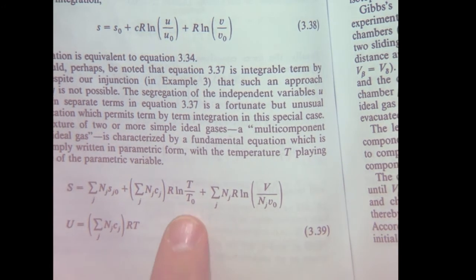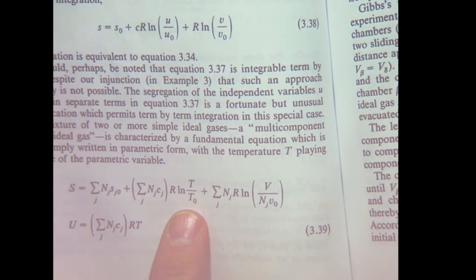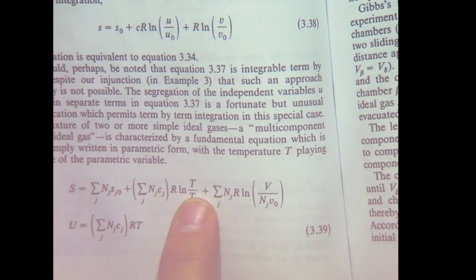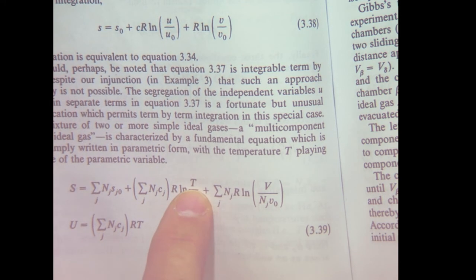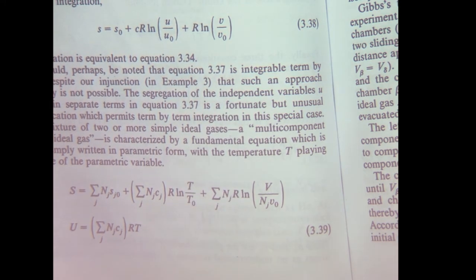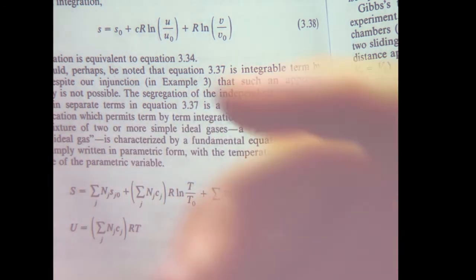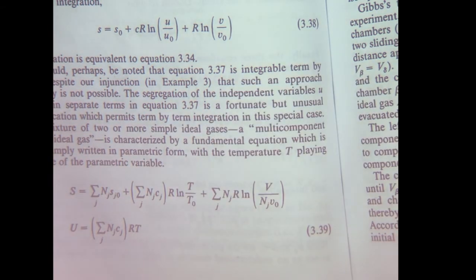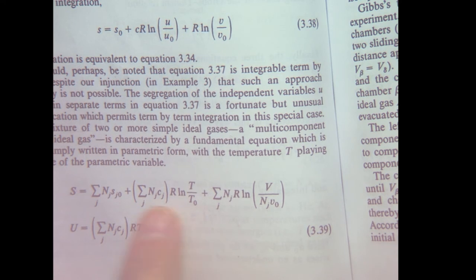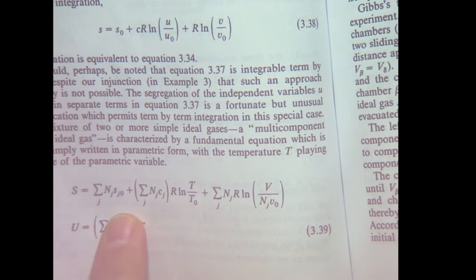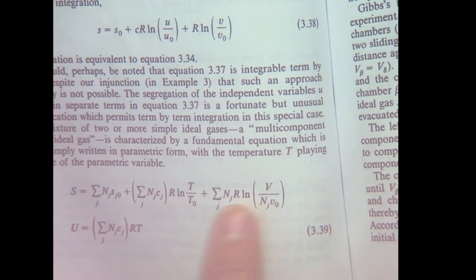It's more convenient, instead of expressing the entropy in terms of internal energy, to use the equation of state to change variable to temperature, and it's very easy to derive this.